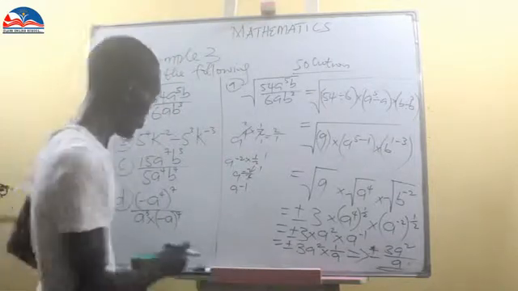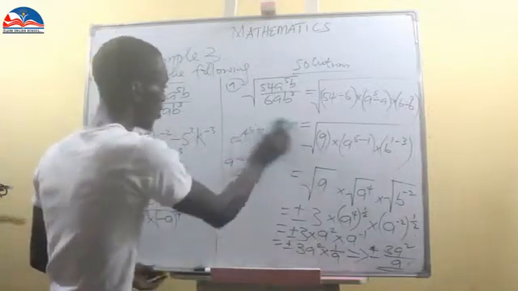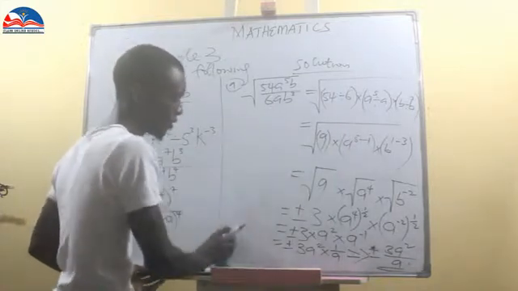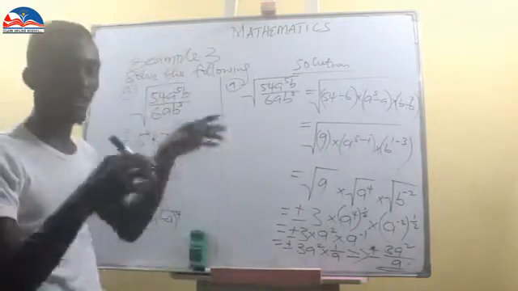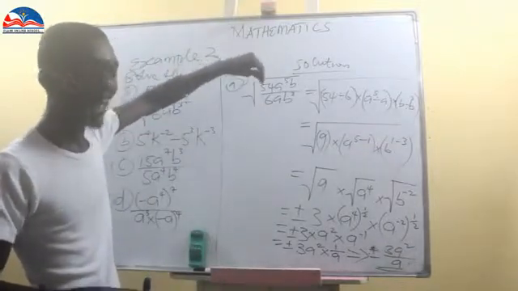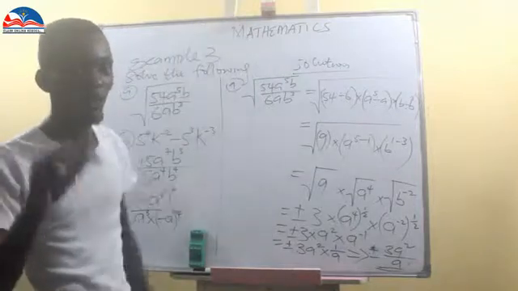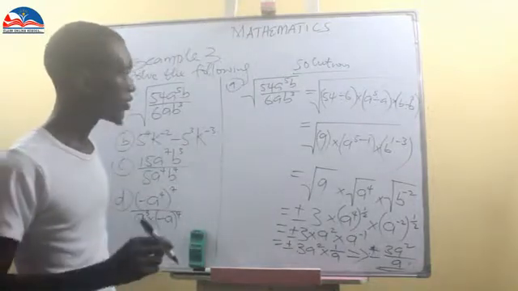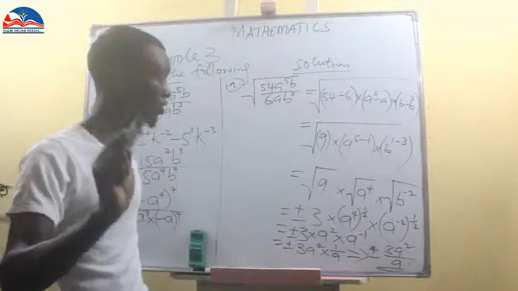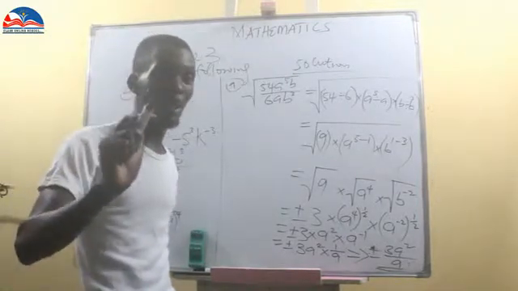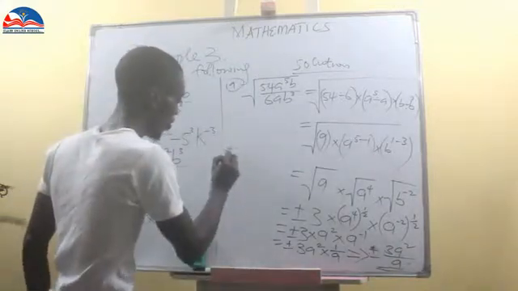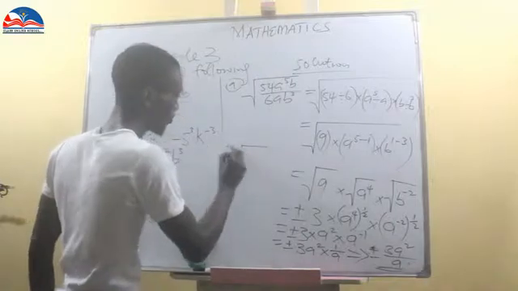Now, what you have to note very well is when you have an expression enclosed in a bracket in fractional form enclosed in a square, the answer will be plus or minus. That's why the answer usually gotten from your quadratic formula, which is called almighty formula, is plus or minus the square root of.